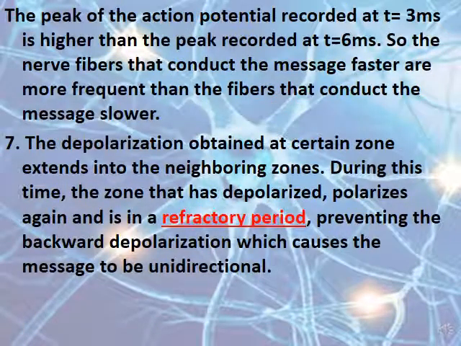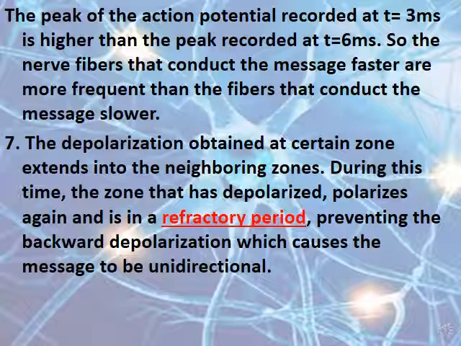That explains that the peak of the action potential recorded at time equal 3 milliseconds is higher than that recorded at time 6 milliseconds. So the nerve fibers that conduct the message faster are more frequent than the fibers that conduct the slower message.